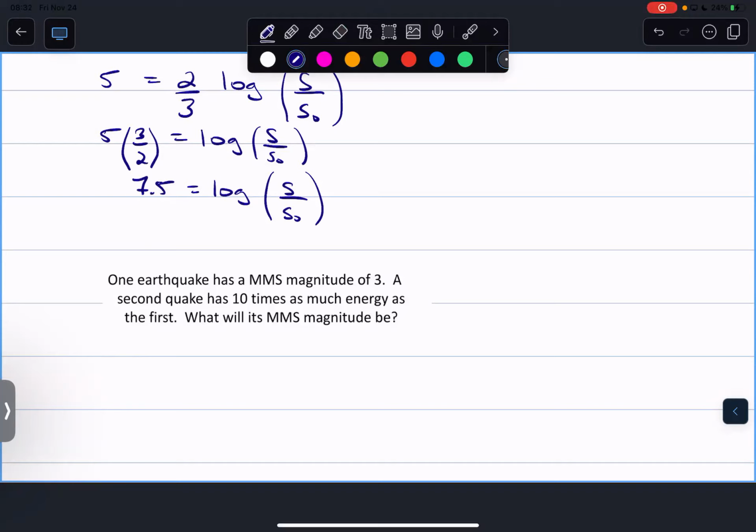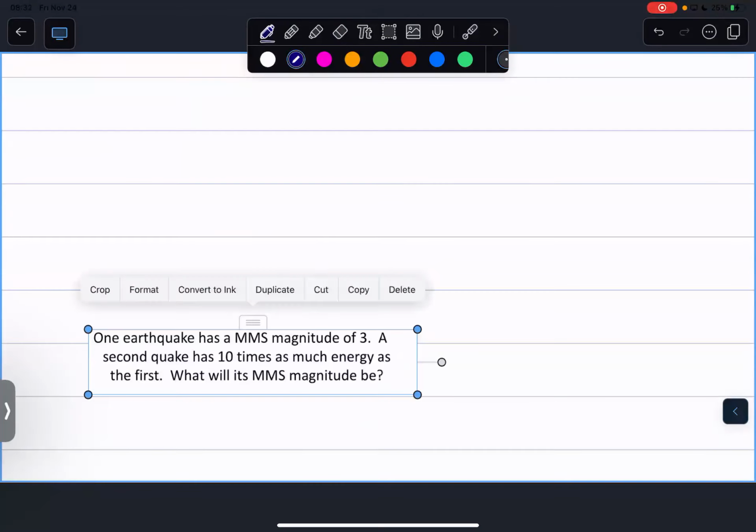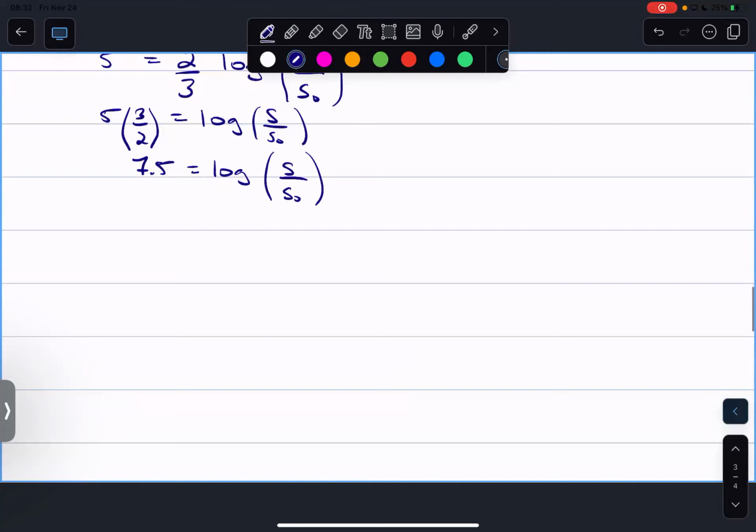Now, if I'm trying to solve for something inside the log, then I have to look at the base of that log, which is 10, and I'm going to take both sides and raise them to 10. So 10 to the 7.5 is 10 to the log of S over S0.